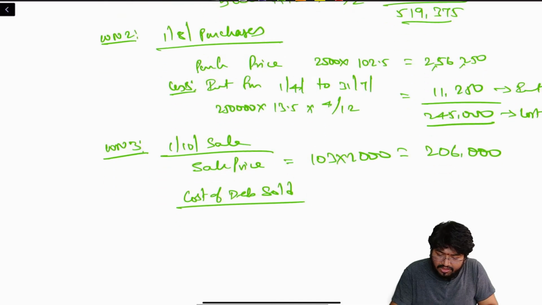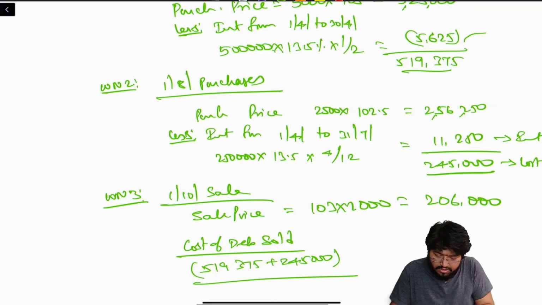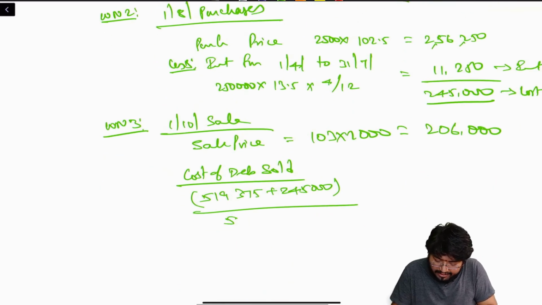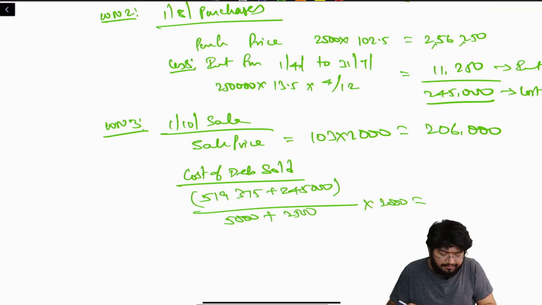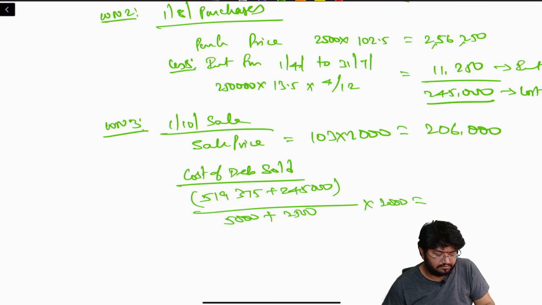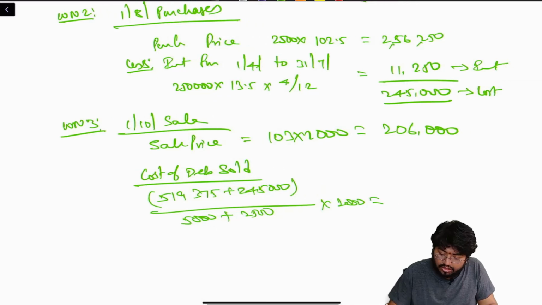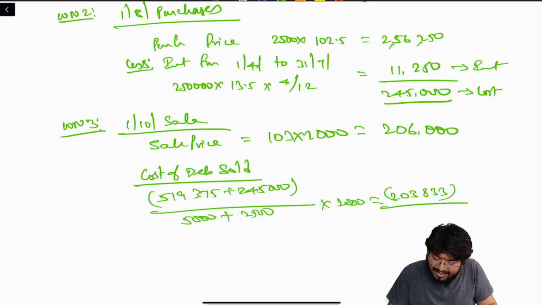It's basically 5,19,375 plus 2,45,000 whole divided by 5,000 plus 2,500 into 2,000. You should tell me. Come on. 2,03,833 it seems.